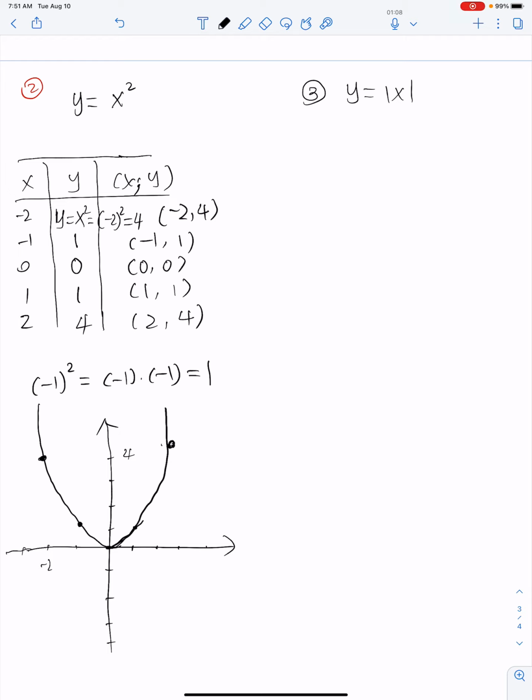And I want you guys to practice y equal to absolute value of x.